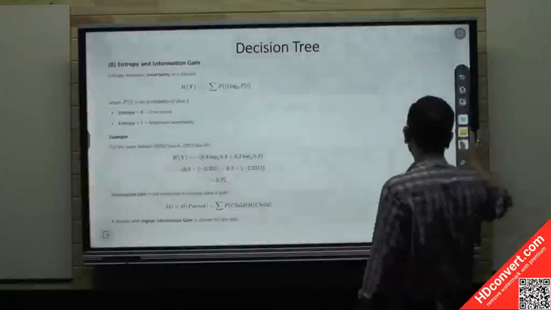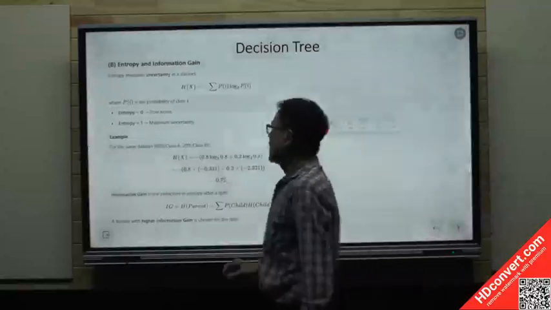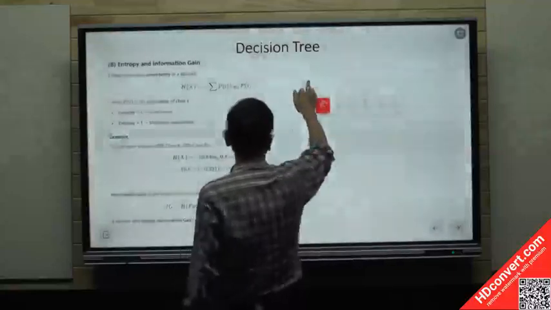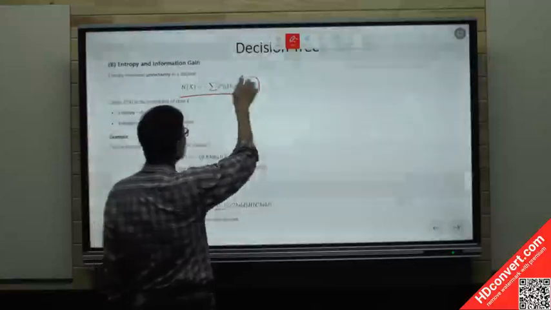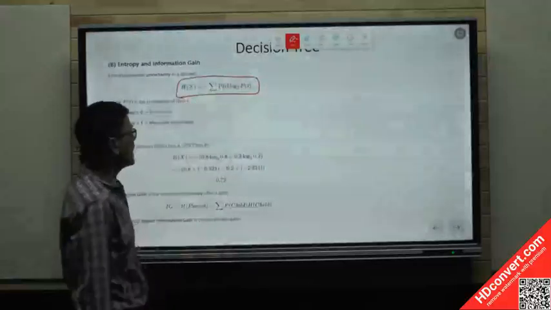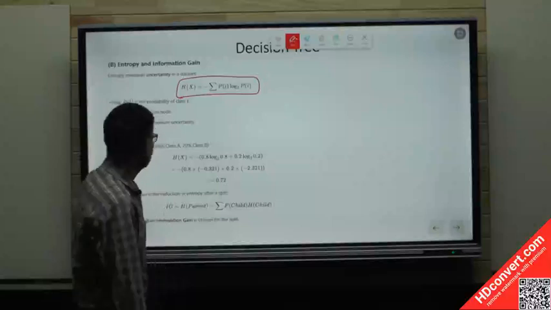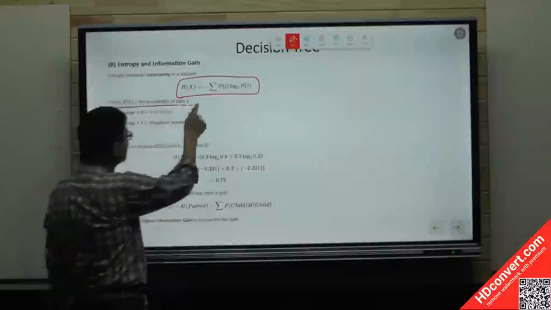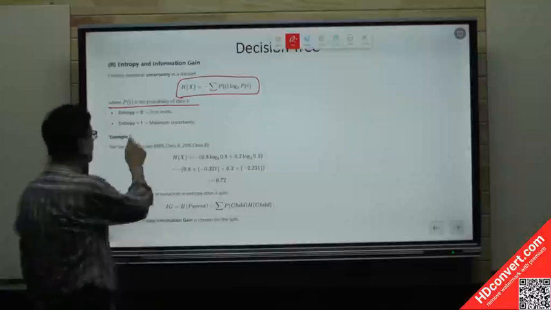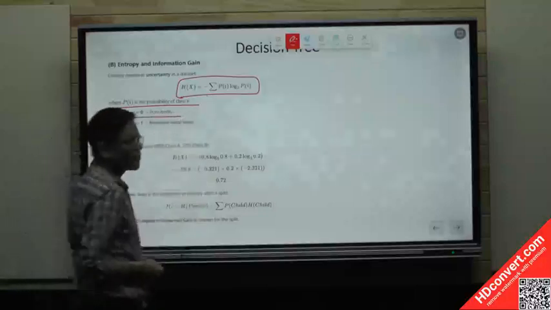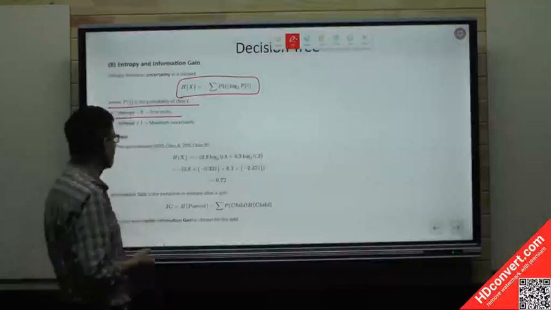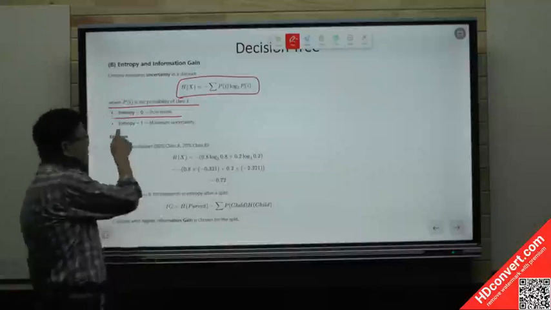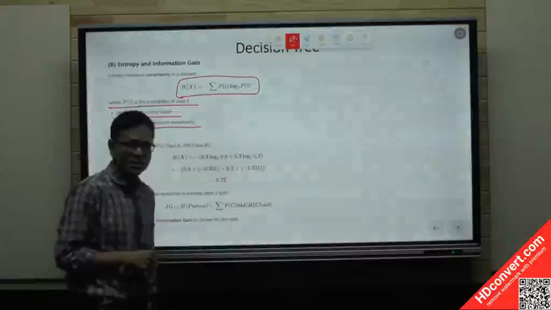Now comes another technique known as entropy gain. Entropy measures the uncertainty in the data set. H of x equals minus the summation of P i log base 2 P i, where P i is the probability of class i. If the entropy goes to 0, that means we have a pure node, and no further splitting is required. If the entropy goes to 1, then we have reached maximum uncertainty.